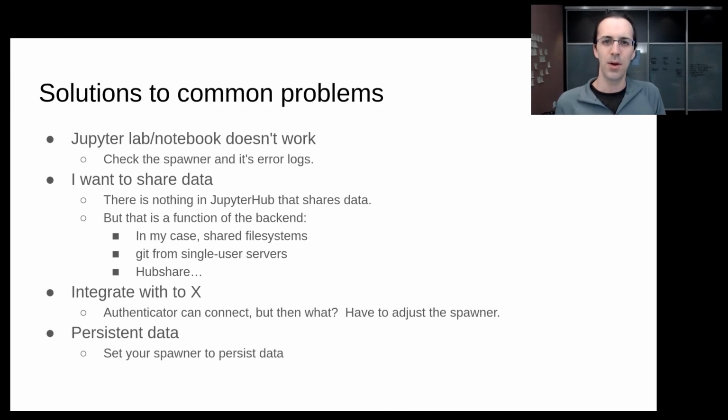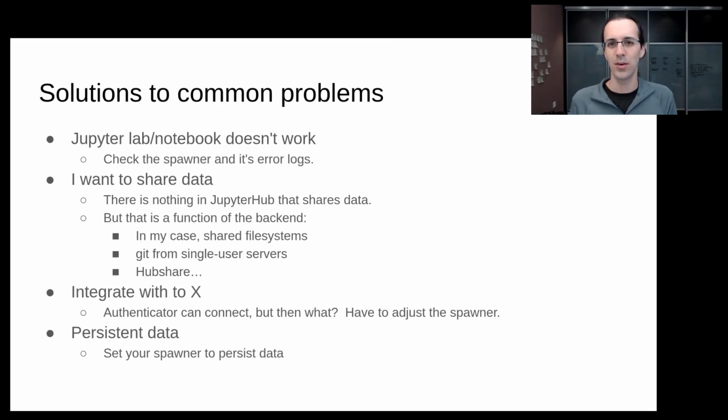So I've noticed some common patterns to problems that people often ask about. They ask these questions about JupyterHub, but oftentimes the real problem isn't JupyterHub itself. For example, someone says the JupyterLab or Notebook doesn't work. Well, if it started, that means that the spawner actually worked. So then you have some environment.